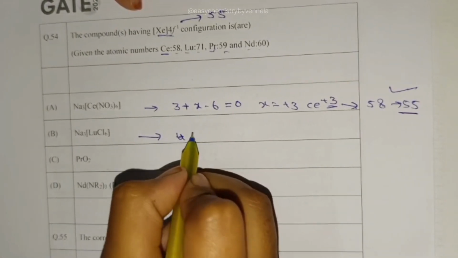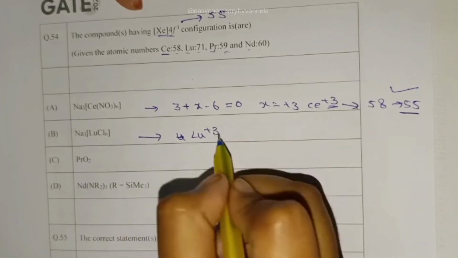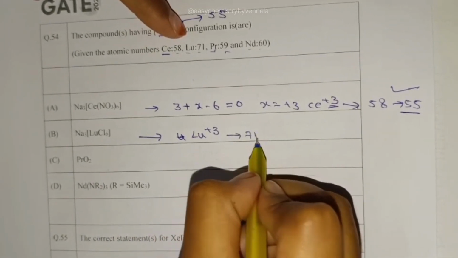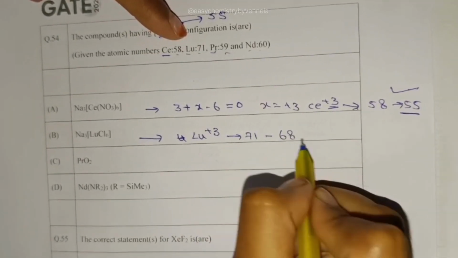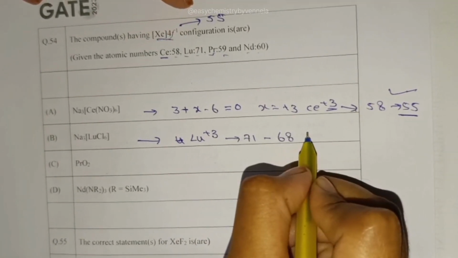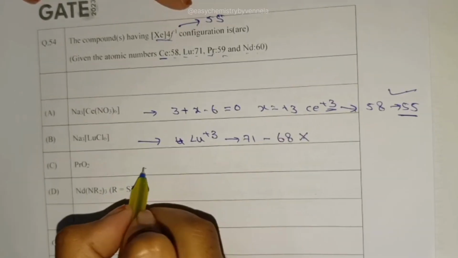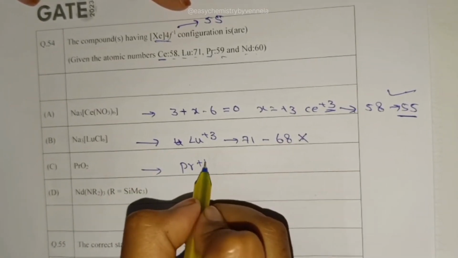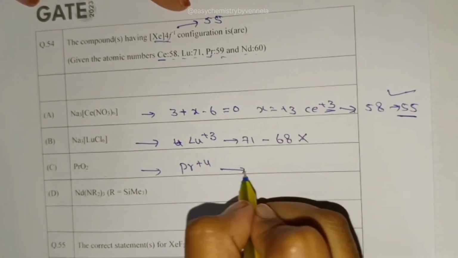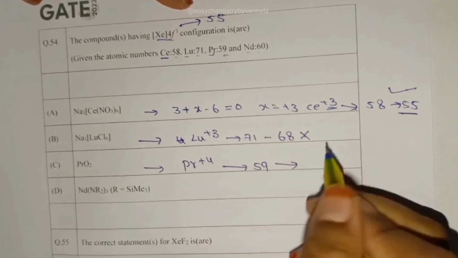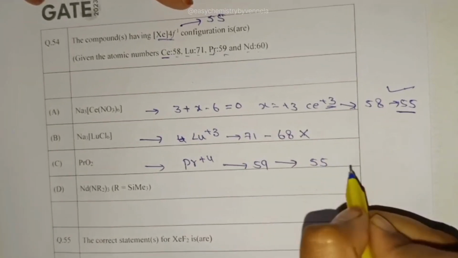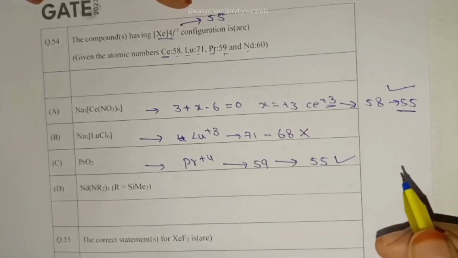Next one. Lu plus 3. Already it is 71. By losing 3 electrons, it becomes 68. This is not Xe 4f1 configuration. Next, Pr plus 4. It has 59. By losing 4, it can form 55.